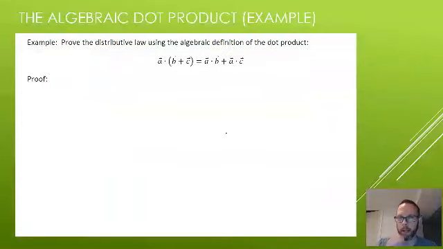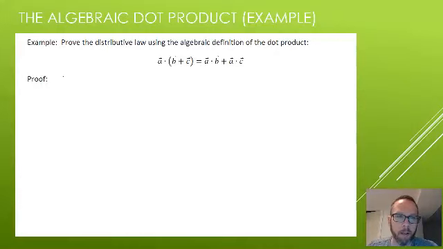All right, I think the last thing we're going to do is prove the distributive law using the algebraic definition of the dot product. We're going to do this by writing A, B, and C in terms of their basic components.